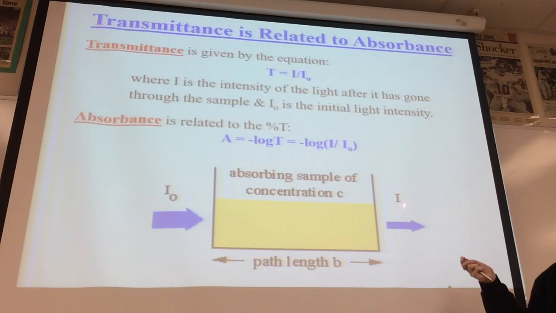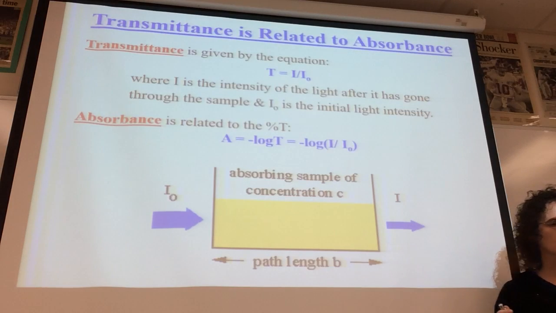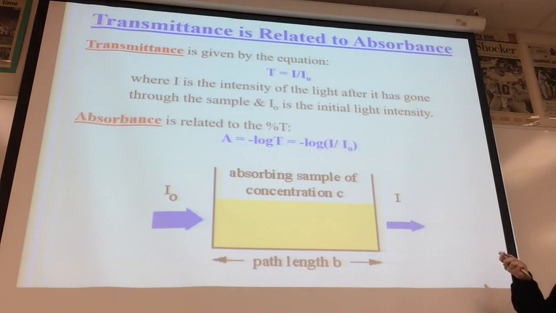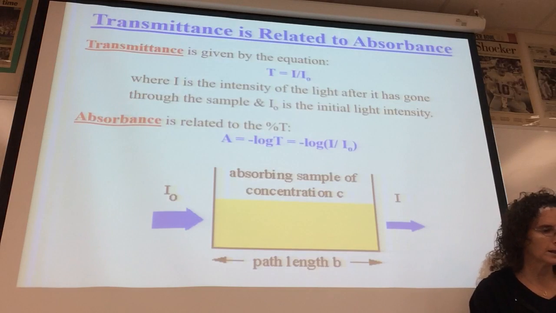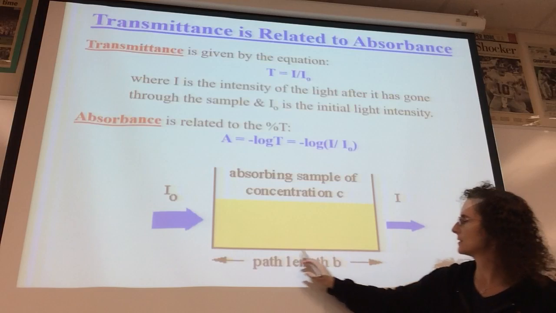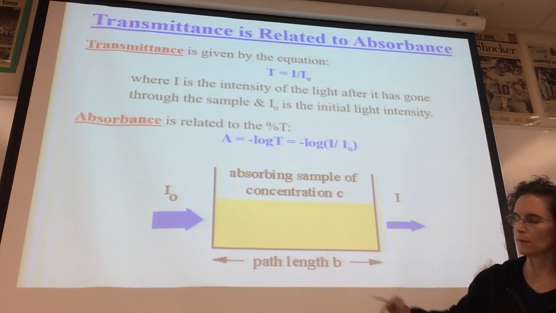If you divide the amount of light that goes through over the intensity of light that you began with, you get the transmittance. And then if you multiply by 100, you get the percent transmittance. The absorbance is just negative log of T, or there is another formula that you can use, and I'll walk you through that in a minute. The path length, again, is the diameter of the cuvette.